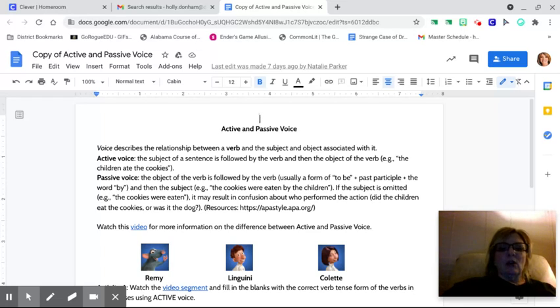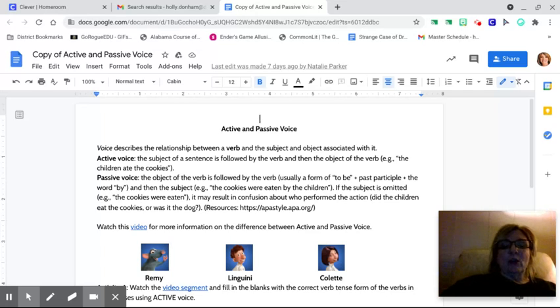So, when we talk about sentences like I baked the cake, or John read the book, or Sue ate the food, those are examples of active voice, subject and verbs.